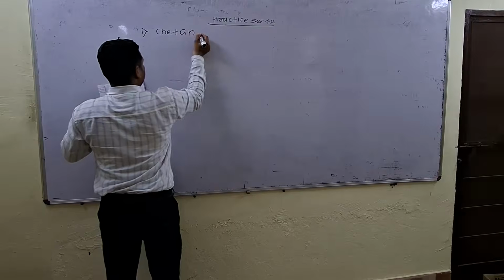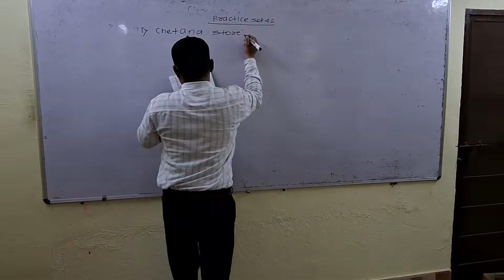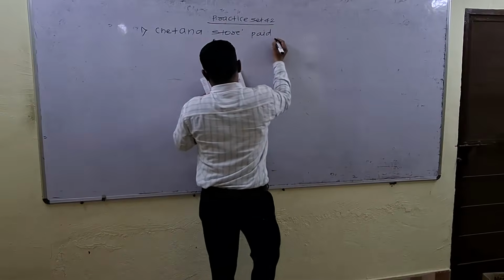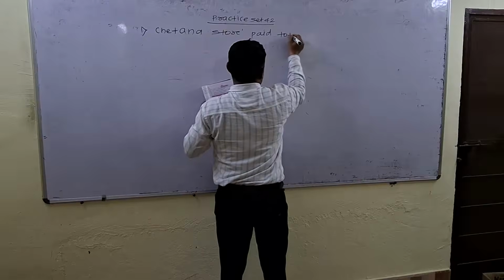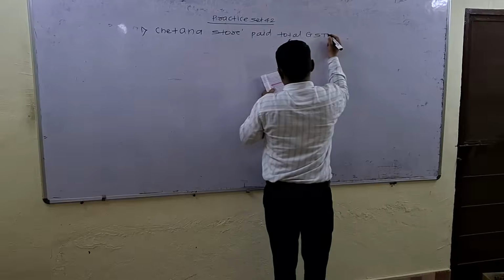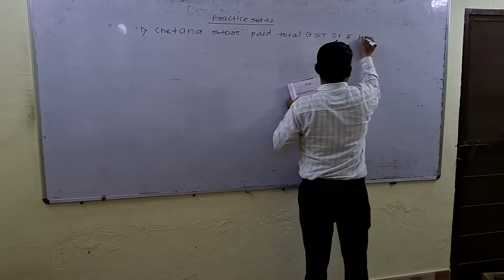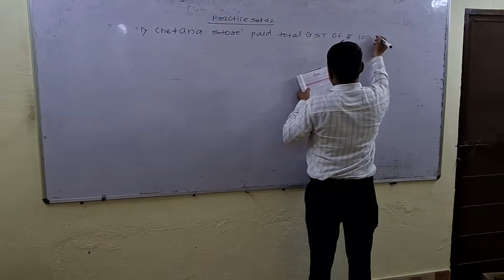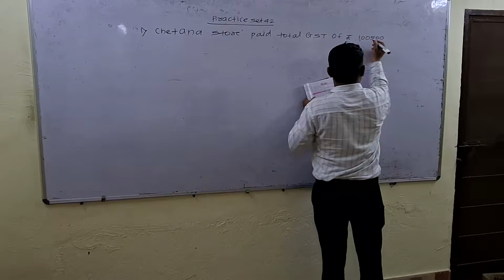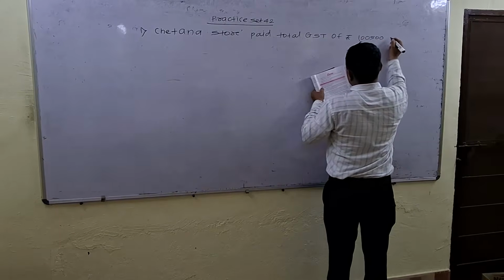Chetna store paid total GST of rupees 1,500,000 at the time of purchase.